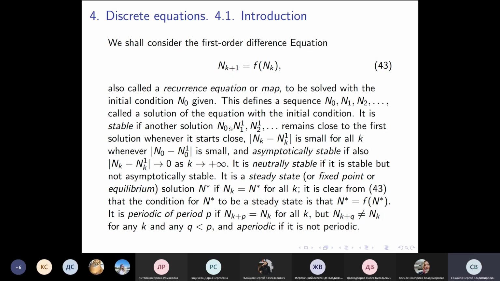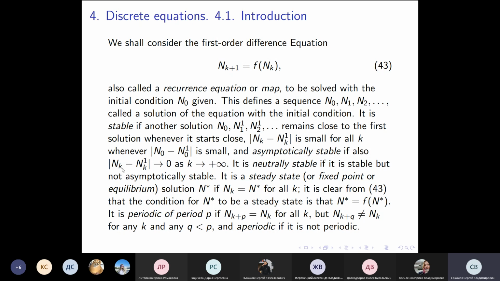So far, if the difference between initial conditions is small and the difference between the solutions is also small, then we say that the solution starting with n0 is stable.